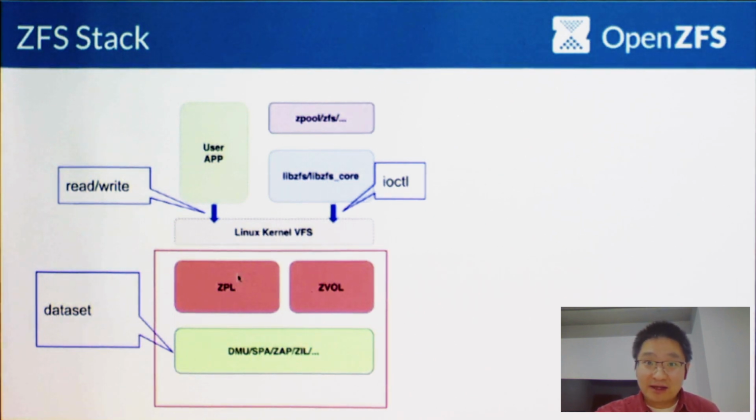The other one is the red boxes, including ZPL and ZVOL. Both of them are attached to the kernel VFS layer. They are responsible for mapping a dataset to a file system or a dataset to a block device. The reason for this classification is pretty simple: the components in the green box are already supported running in Userland, while the ones in the red box have not yet been supported.